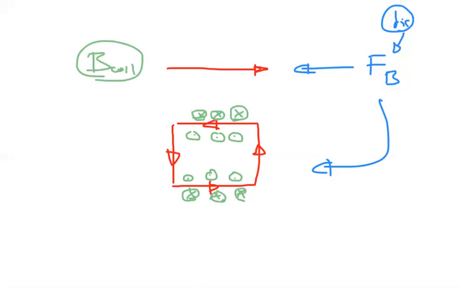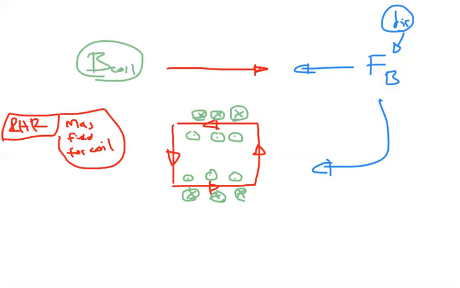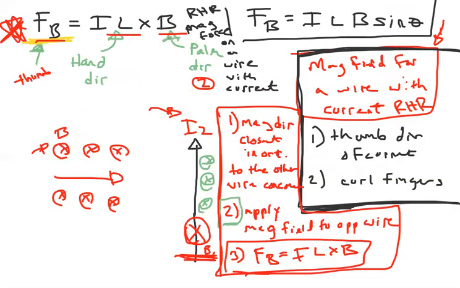So the second right-hand rule for coils is to find the mag field for a coil. The two rules are interchangeable, because over here I said it gives the mag field for a wire with current, but if you know the direction of the mag field, you can also get the direction of current from this right-hand rule.